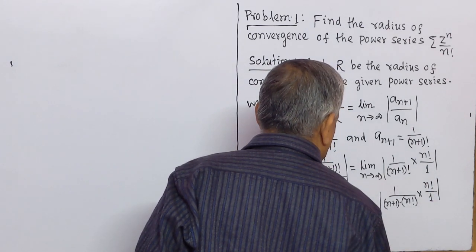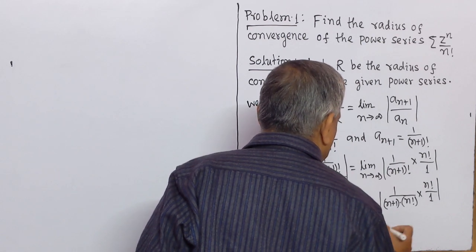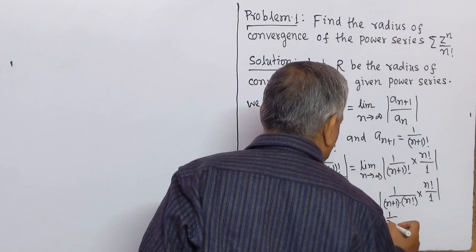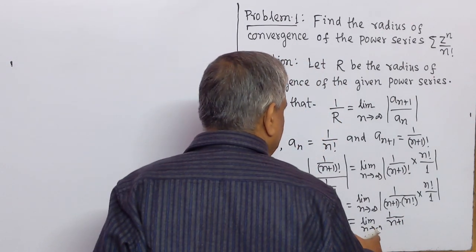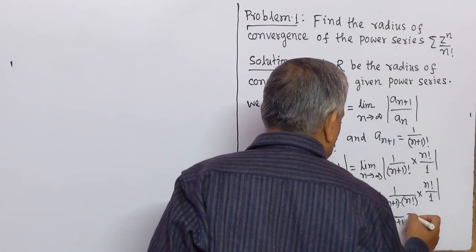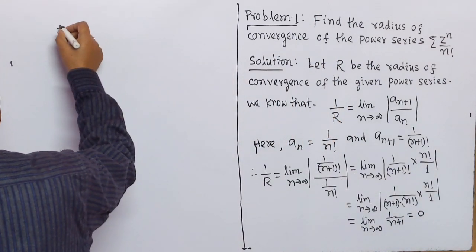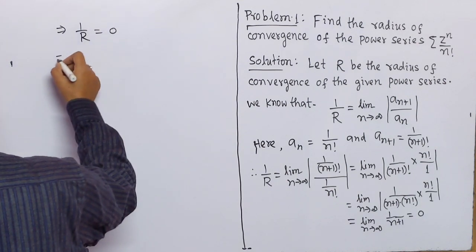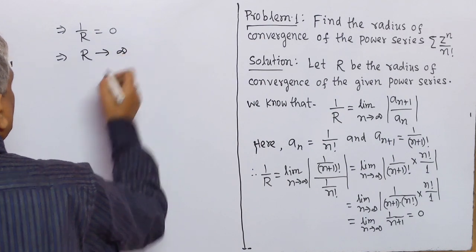This means limit n tends to infinity. Here factorial n and factorial n cancel. 1 by n plus 1. Since n tends to infinity, therefore 1 by n plus 1 equal to 0. Implies that 1 by R equal to 0 implies that R tends to infinity.